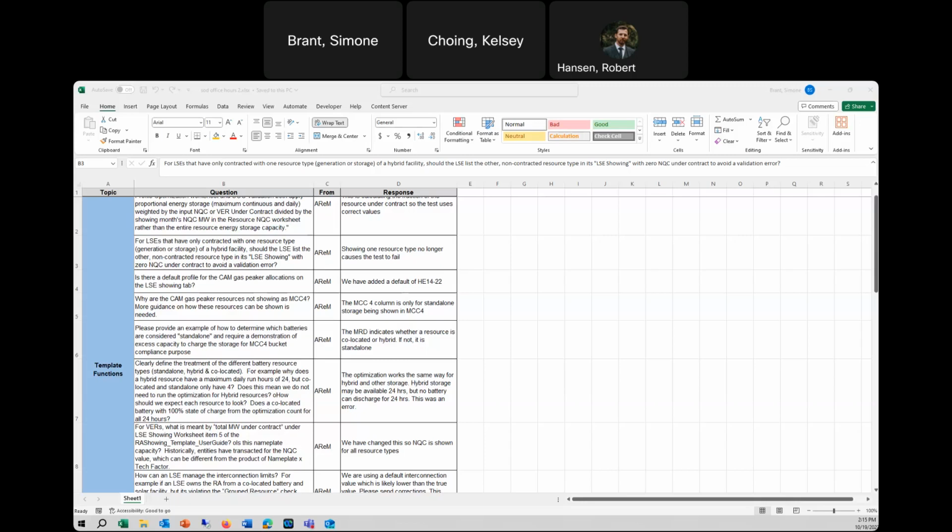Because before we didn't have a way to separate out the different parts of the hybrids, because solar and wind are already in bucket 4. So to make the treatment equivalent, we said it was this. We also did have that rule for co-located storage. Okay. Yeah. Thank you.